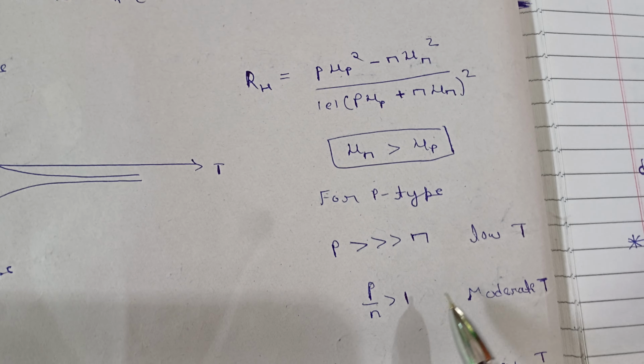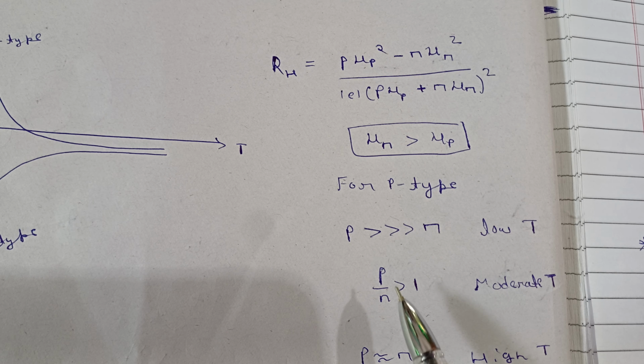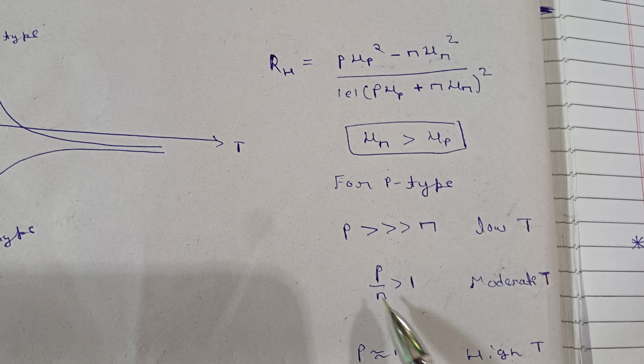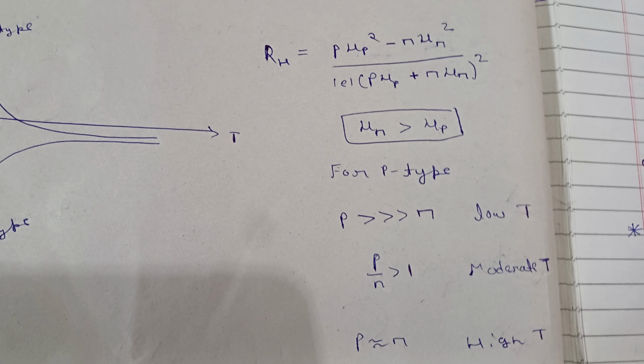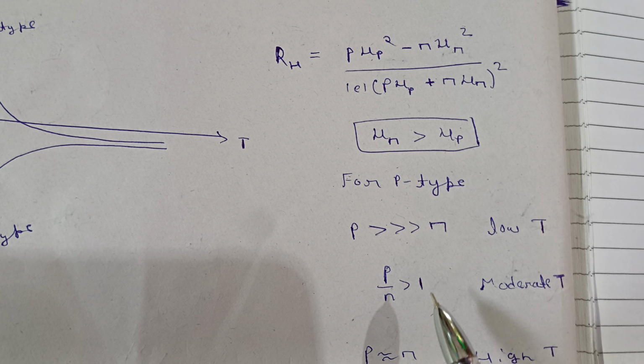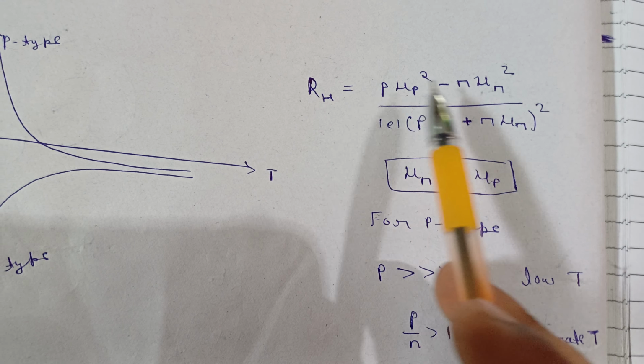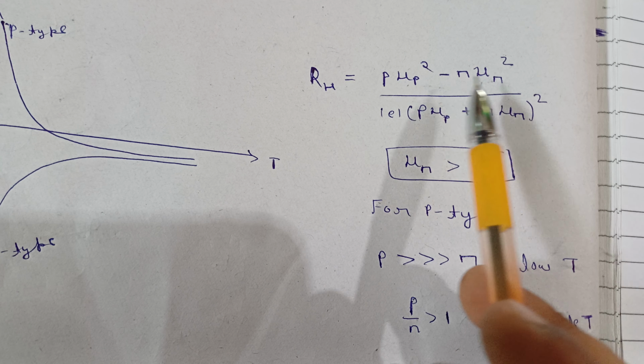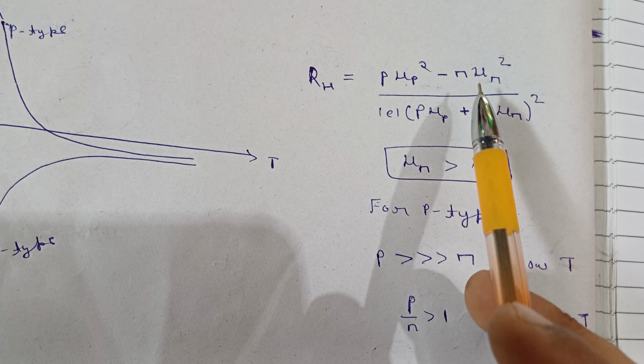Then when the temperature is moderate, P is not that much greater than N, but P is still greater than N. This ratio is greater than 1. Now P is greater than N and mu P is less than mu N, so these both terms will equalize each other and cancel out.